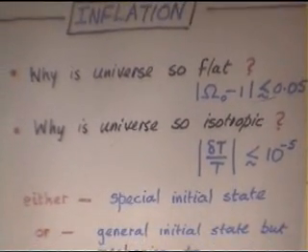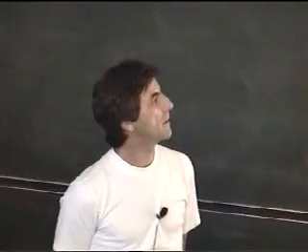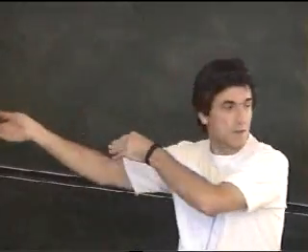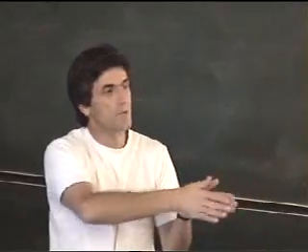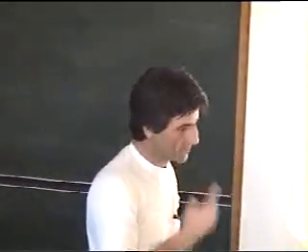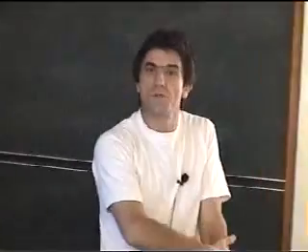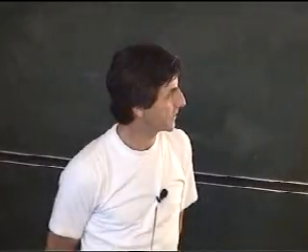The second question, which is one which George did go into in some detail, so I will pick up again, but in less detail later on, is why is the universe so isotropic? And George explained this very nicely. If we look in one direction of the sky and then turn our instrument 180 degrees around to the opposite direction in the sky, we find the same temperature to within 1 part in 10 to the 5 once we've corrected for the Doppler effect.